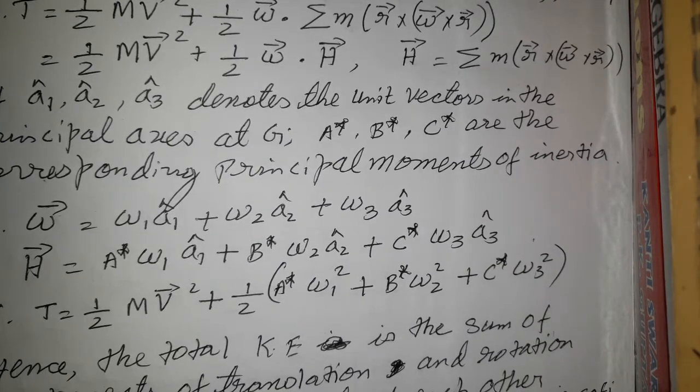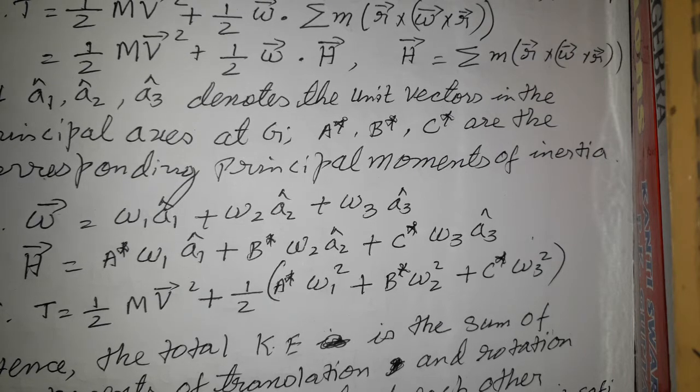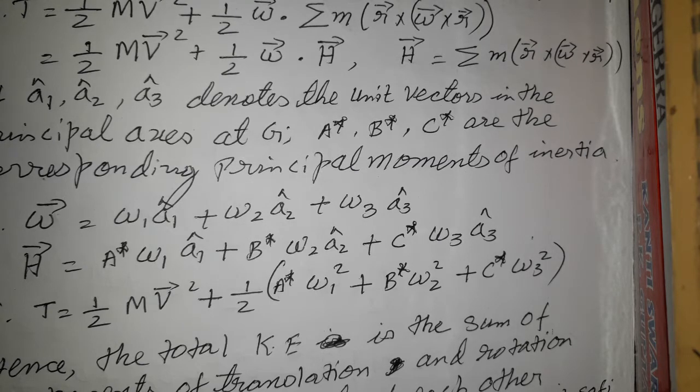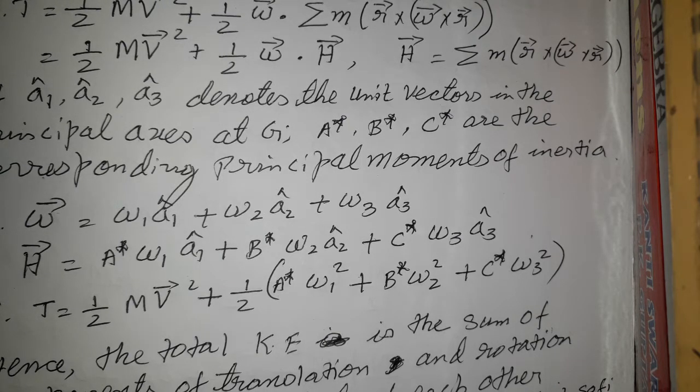Suppose that omega denotes the angular velocity of the rigid body. Since in a rigid body there are many particles, the kinetic energy of each particle will be given as summation m R squared. Here R can be anything, R1, R2, R3, like that. This is the kinetic energy produced by the particles.